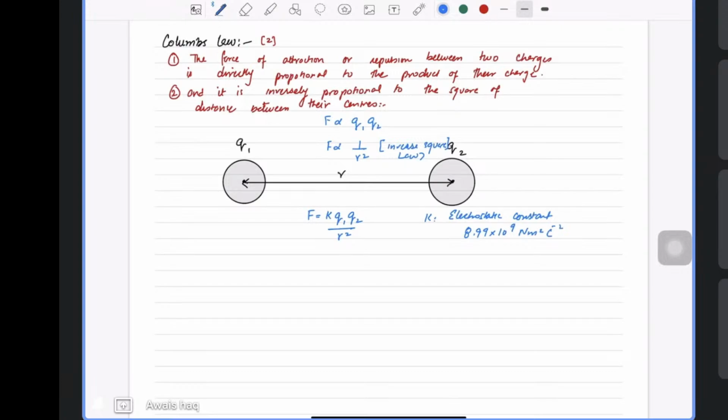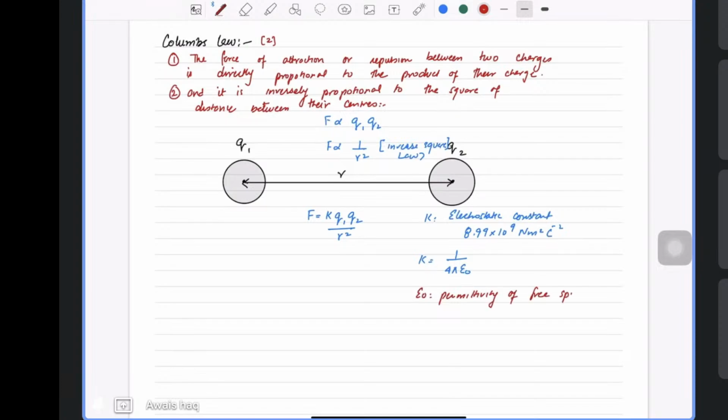As far as I remember, k is not given in the data sheet, but actually k itself comes from 1 upon 4 pi epsilon, where this epsilon is the real constant, and it is called permittivity of free space.